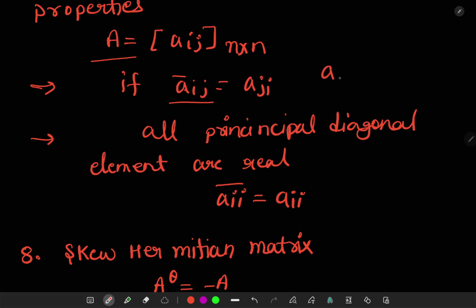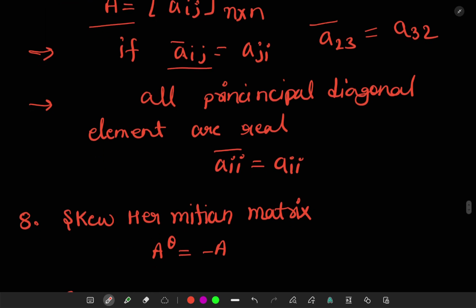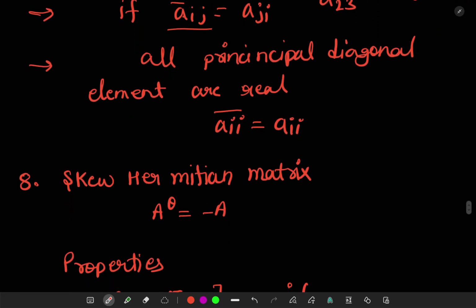It means the a23 element of the matrix is equal to the conjugate of the a32 element. All their principal diagonal elements are real. If we take the conjugate of the principal diagonal elements, we get the same value. This is an important relation.